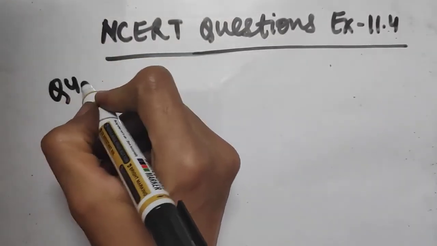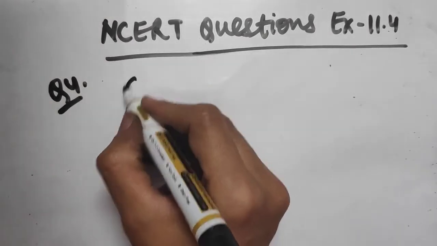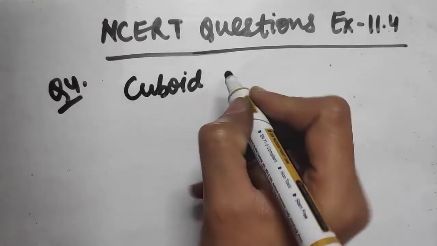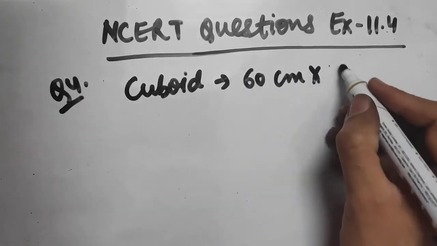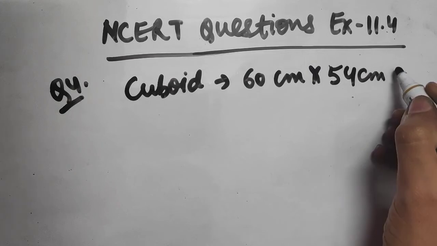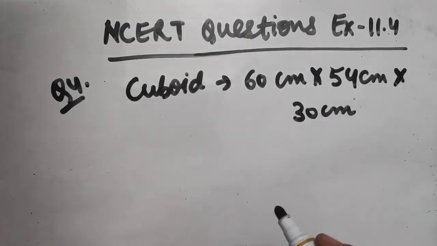Question number 4 is, a cuboid is of the dimensions 60 centimeters into 54 centimeters into 30 centimeters. These are the dimensions of a cuboid.